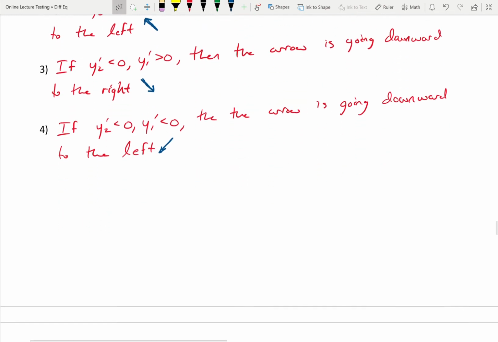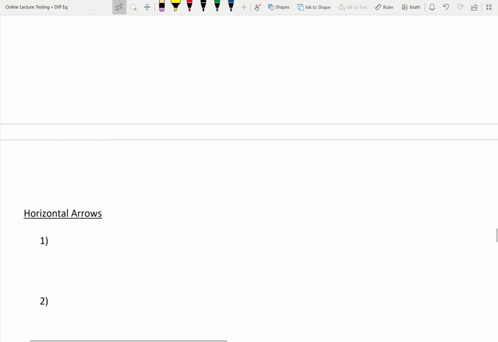There are going to be times where we get zeros. This is dealing with horizontal arrows. That occurs when y2 prime is equal to 0, so when our numerator is 0. If y1 prime is greater than 0, the arrow goes to the right.